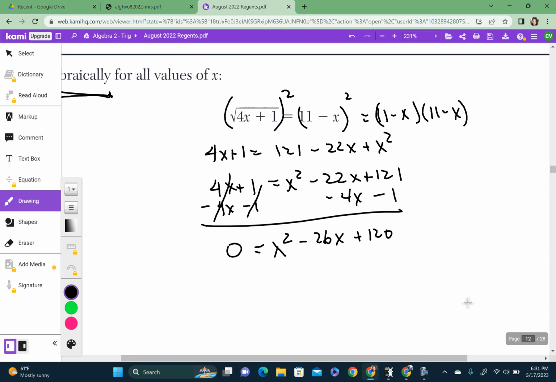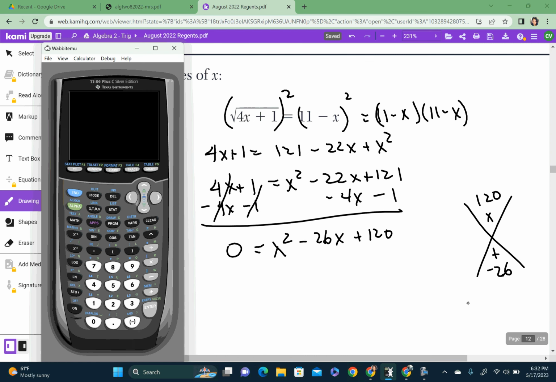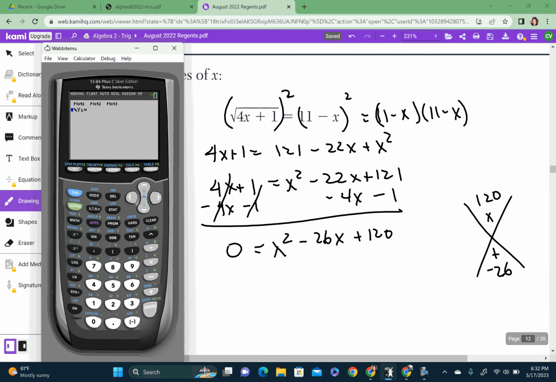Since it says solve, I want to find out what x is. So I'm looking for two numbers that multiply to give me 120 and that add to give me negative 26. So I showed you a shortcut in the calculator. You go to your y equals and you type in 120 divided by x, because we're looking for the factors.